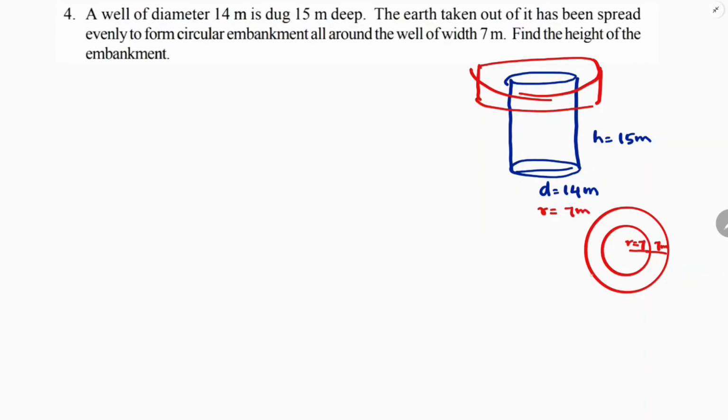So what I'll do to find the embankment, see small r is 7 and capital R is 14 meters, because embankment is in the shape of a ring. Now, volume of well equals volume of embankment.